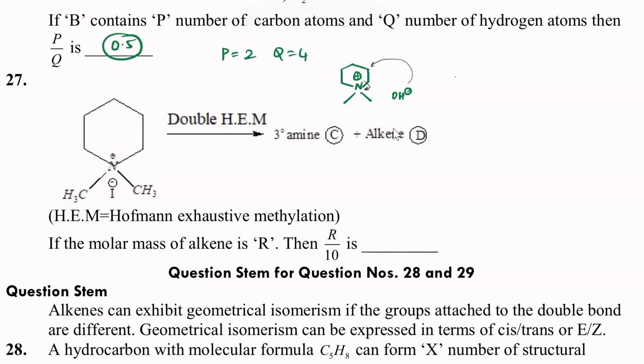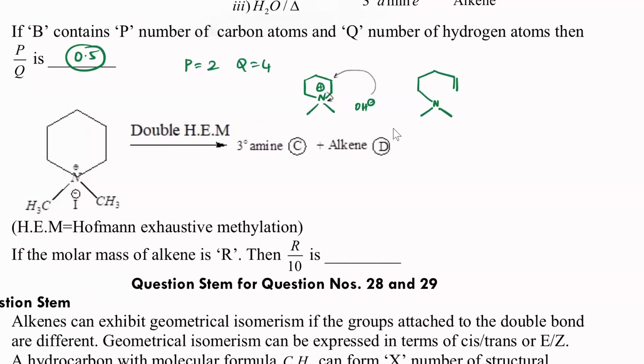The bond will break and that will make the molecule get a double bond here. And nitrogen is connected with 2 methyl groups. If we have to do exhaustive methylation one more time, one more methyl will come, a plus charge will come, and the second time OH minus will again attack on this beta position and the bond will break here.